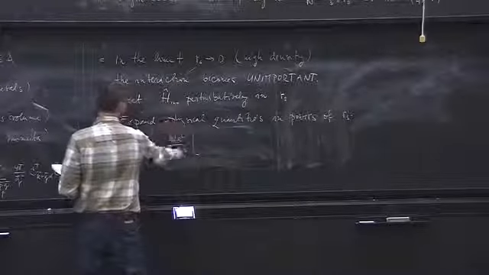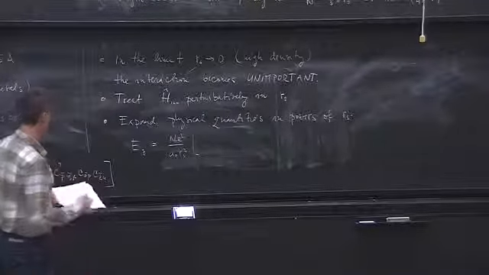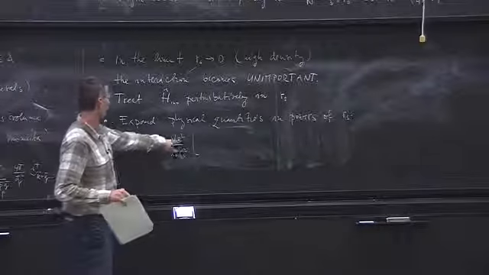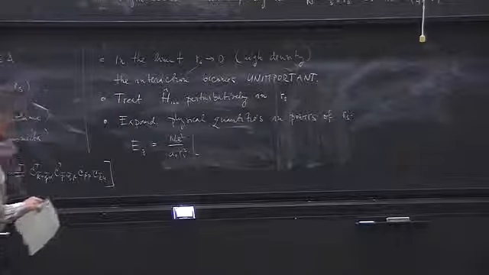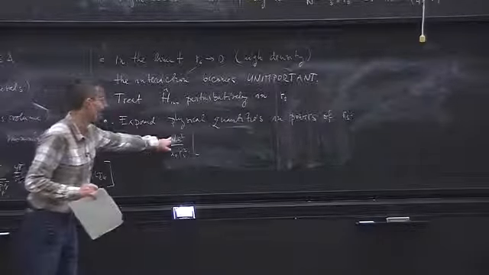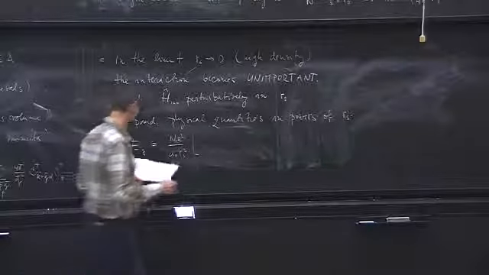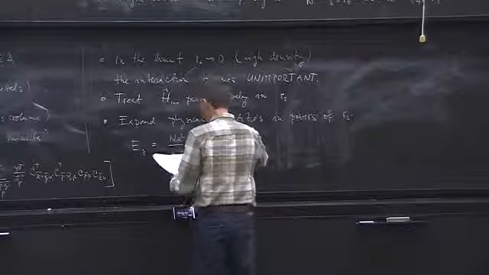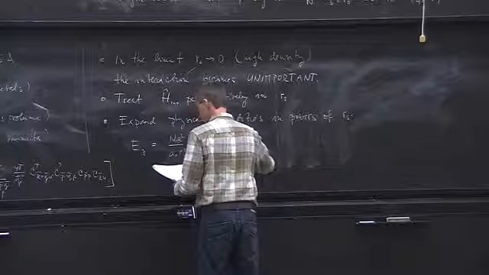Again, I take out the dimensionful parameters and recognize that the energy will be an extensive quantity. It should scale with the number of particles in the system. And then I expect the behavior to look like this.